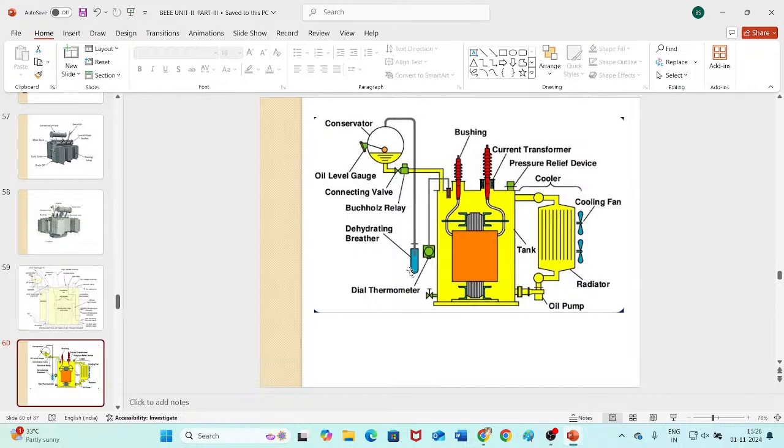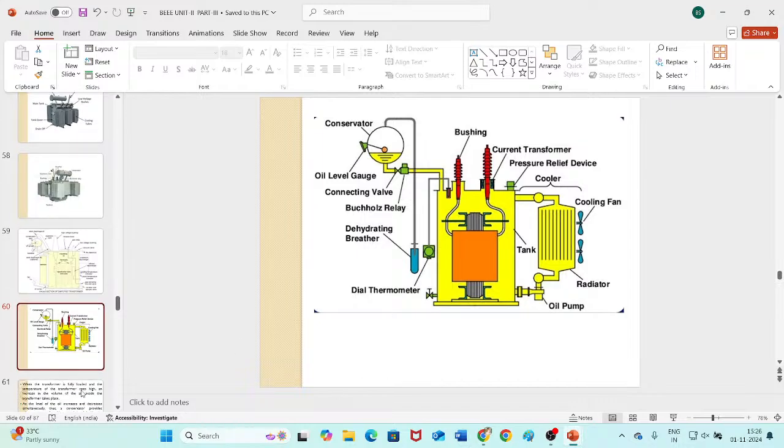In order to cool the oil, it breathes the air without allowing the moisture to enter. The purpose of the breather is to absorb the air, not the moisture. That's why it helps the transformer to breathe.